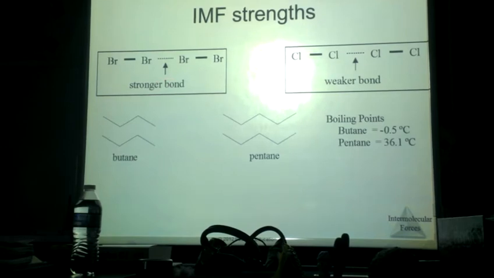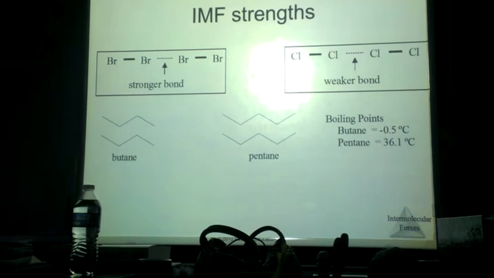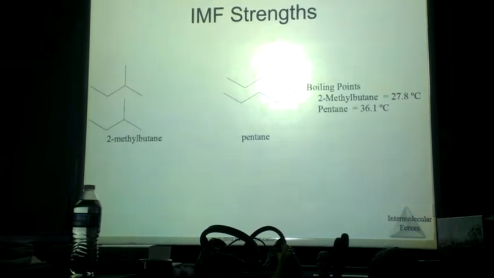And why is that? That's because bromine has more electrons, it's more massive, and thus its electron cloud can be distorted more, meaning that it's going to be more polarizable. So I have a stronger intermolecular bond here than I would here. So far, experimentally everything holds up with what we think about conceptually.